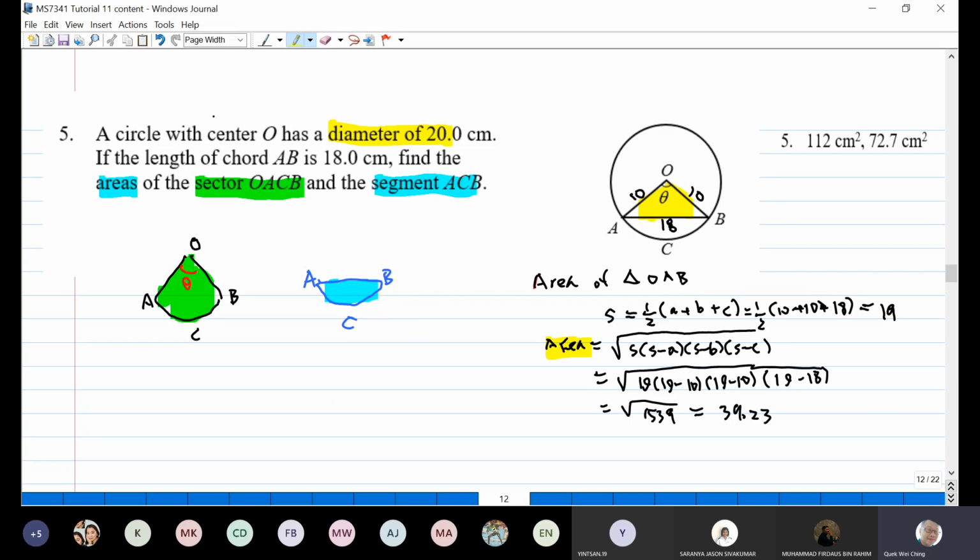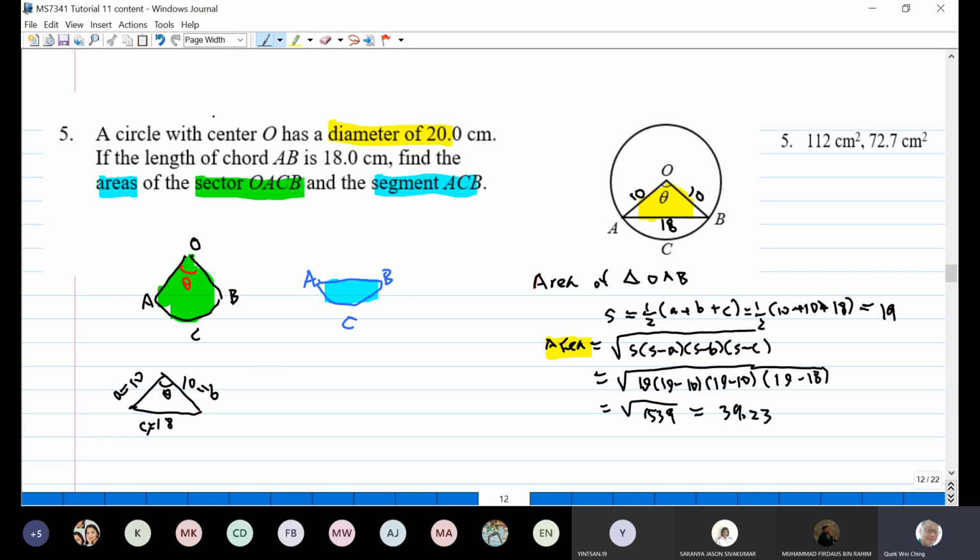So theta is equal to, let's see, law of cosine now, and draw a picture for a triangle again. This theta we don't know. This 10, this 10, this 18, right? So you can use, this is C here, this A here, this B here.